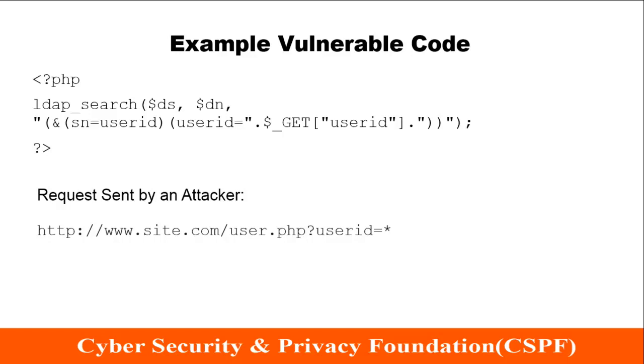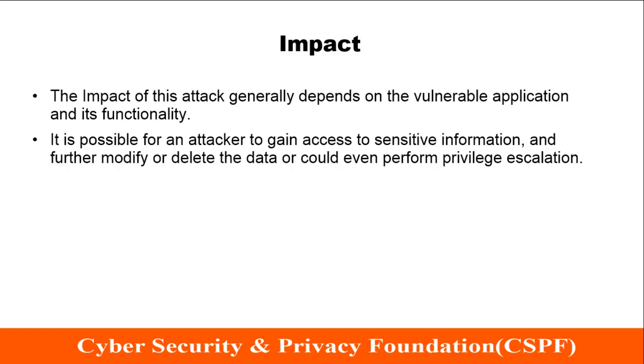So this is basically a search function on the LDAP, but then an attacker could probably put in his own LDAP queries if this is vulnerable to LDAP injection. So in this case, he tries to put in the star that would list out all the LDAP entries that is being made.